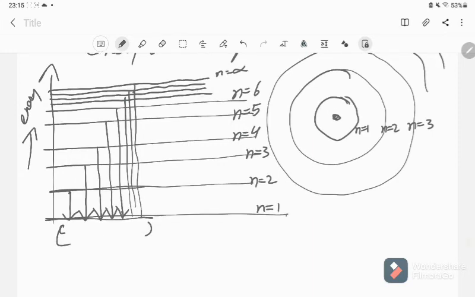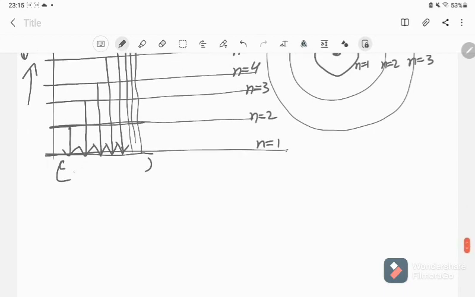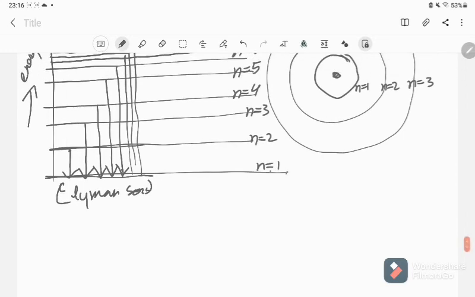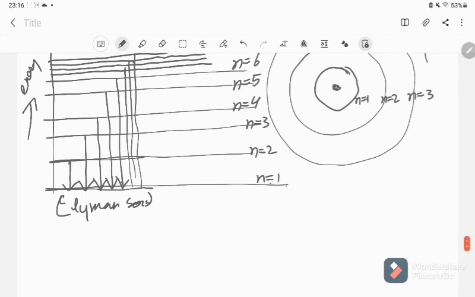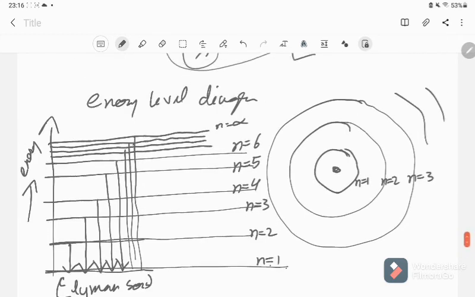This series is called the Lyman series, because n1 is common for all of them. So when there is n1 common, it is called the Lyman series.